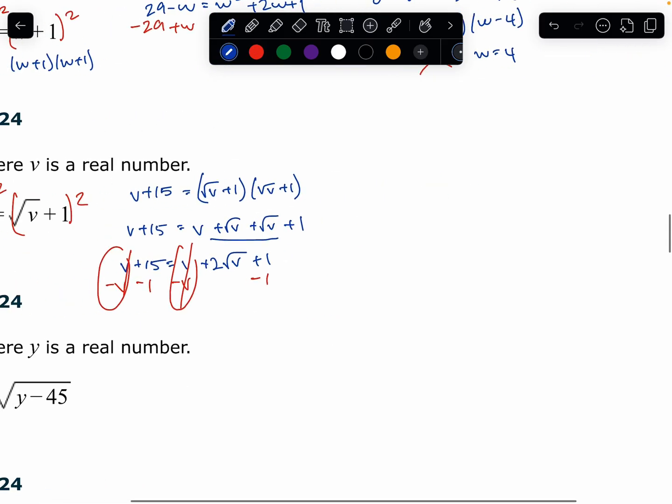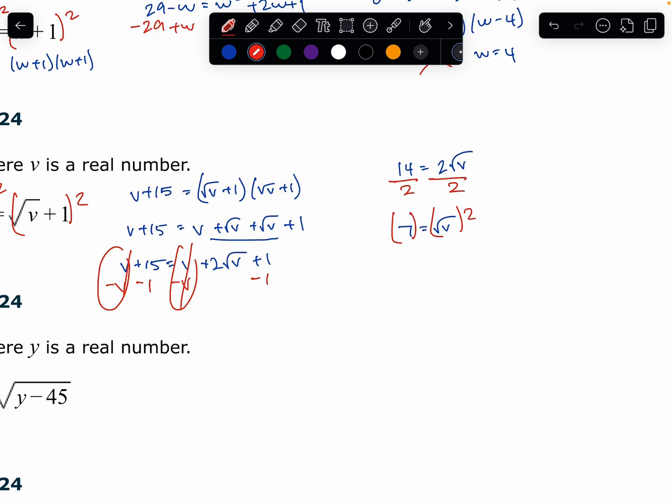So on the left side, I should just have 14. And on the right side, I'll have 2 root v. Then I'll divide both sides by 2. So I'll get 7 is equal to the square root of v. And then again, I'm just going to square both sides. So then I'm going to get 49 is equal to v.